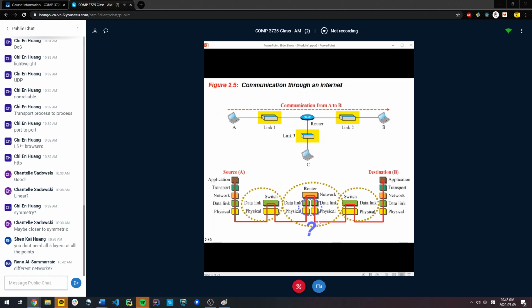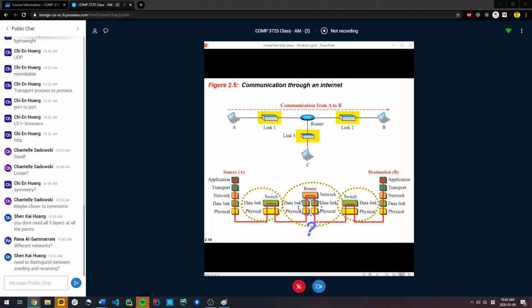Different networks. What does that mean, Rana? Can you be a little bit more specific? Can you go a little deeper? It's not what Shankai said, because obviously this switch here is also doing receiving and sending. Why is it that at the router, this receiving and this sending is shown as two separate entities?